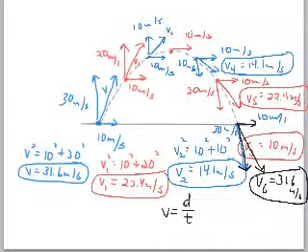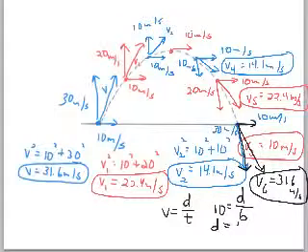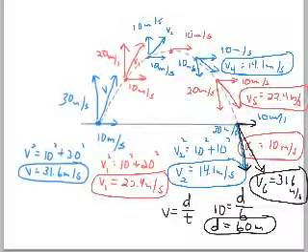I'm going to plug in 10 for V. You're looking for D, the horizontal distance, and the time is 6 seconds. It's in the air for 6 seconds. So D, the horizontal distance it travels, is 60 meters, which is about 65 yards, let's say. 60 to 65 yards. And that's a little chip shot in golf.